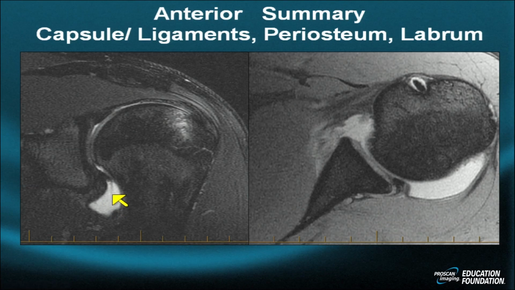The labrum is absent and stripped away. The labrum, at least a portion of it, is attached to a portion of the middle glenohumeral ligament and capsule. The periosteum is elevated and fragmented and difficult to visualize. The tiny bony component that we saw in the CT was never appreciated on any of the MR sequences.